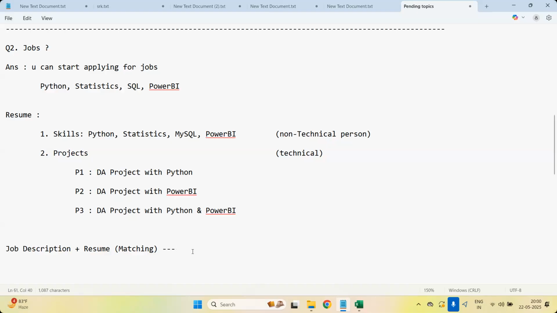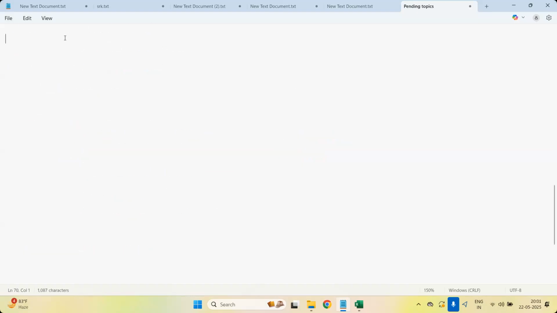Now, once your resume gets shortlisted, how does that happen? It is based on the job description and the resume. As I have told you once again, in the resume you are going to highlight the skills. Keep a heading called skills, and write all the skills one by one. First, for example, data analytics is a skill.